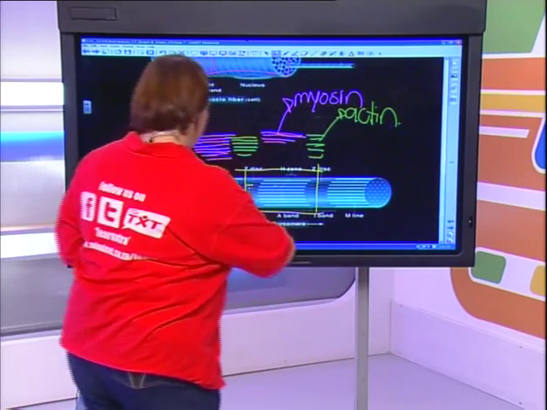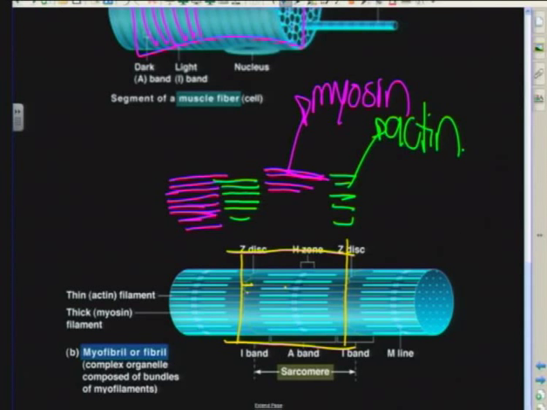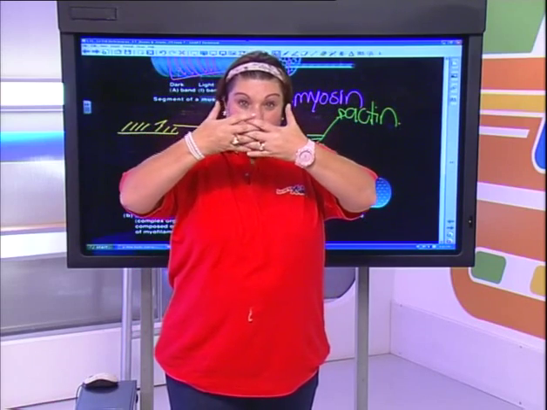And if you were to look at it very carefully, you would see that the myosin has almost like a boat has oars. It's got little oars, little sticky out parts. So when the actin comes to it, remember, we need to pull it together.